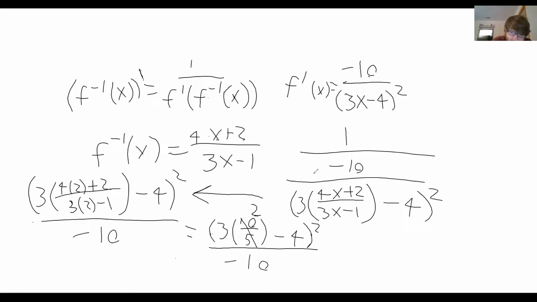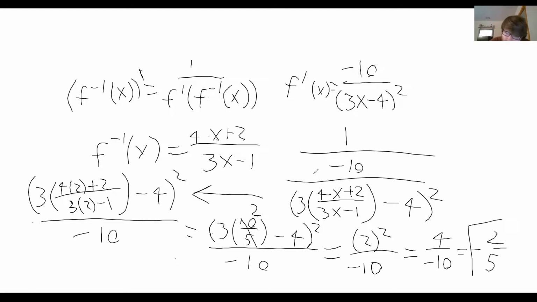So this is going to be 3 times 2 is 6 minus 4. So that's 2 squared over minus 10. Or 4 over minus 10. Or minus 2 over 5. Right, and that was the same slope value that we got before. So just showing you could do it either way. Wouldn't recommend this way for this problem, but certain problems, this is going to be a lot easier to do.